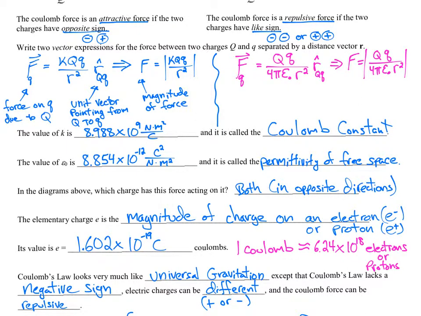Now, times 10 to the 18th is a huge amount of electrons. Times 10 to the 6th is a million. Times 10 to the 12th would be a trillion. And times 10 to the 18th is a quintillion. Those words might not mean much to you, but needless to say, they represent very, very large numbers.